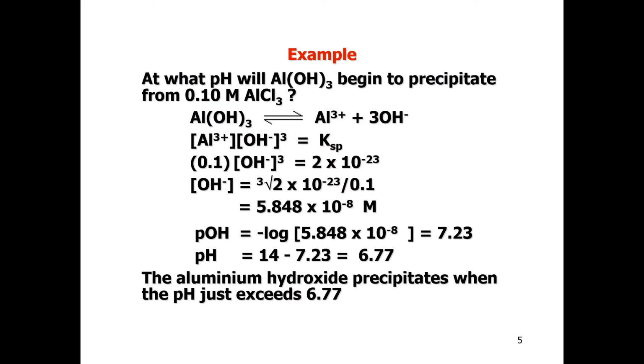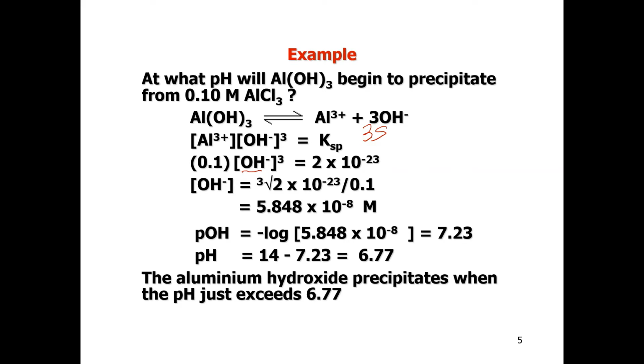So if we make the calculation, aluminum hydroxide, this is the equation. Now again, look at what I'd like you to observe. When we are calculating using S, this one is 3S. But when we are putting in terms of the OH minus already in the form of concentration, we do not put the 3 in front of OH minus over here.